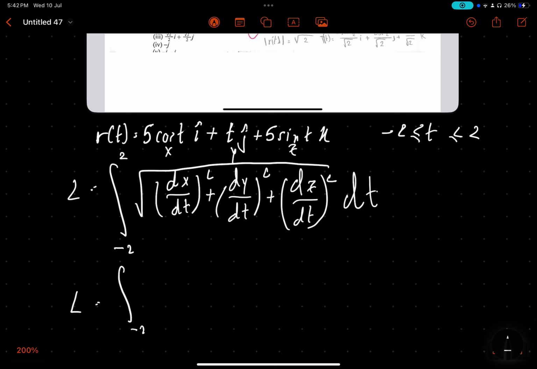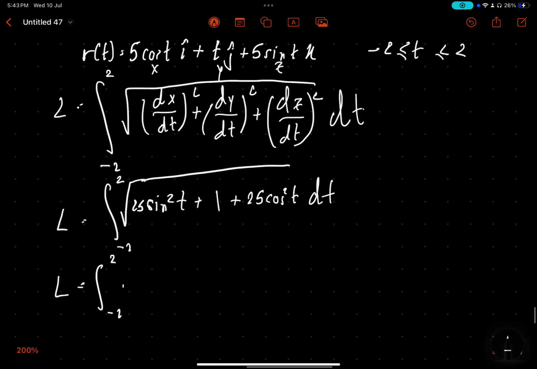And basically it's going to be negative 2 to 2 square root of, okay, so it's going to be minus 5 cosine of t, which is sine squared of t, plus dy over dt, so 1 all squared, plus 1, and cosine, oh, actually we also have 5, so 5 squared is 25 sine squared, and then we have 25 cosine squared of t.